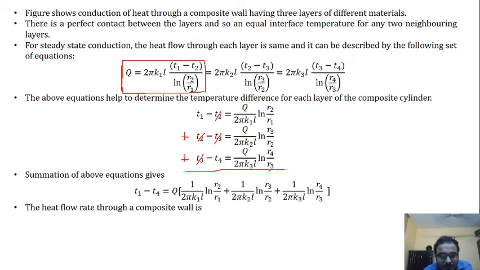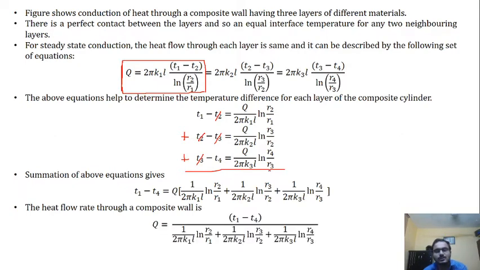So here the heat flow rate for a composite cylinder can be written in this way: on the numerator we are having the overall temperature difference T1 minus T4, and on the denominator we are having the thermal resistance of each layer, and they are summed together.